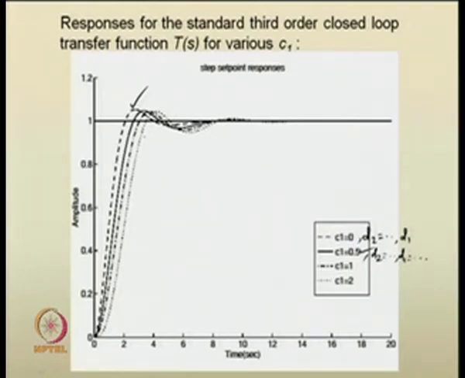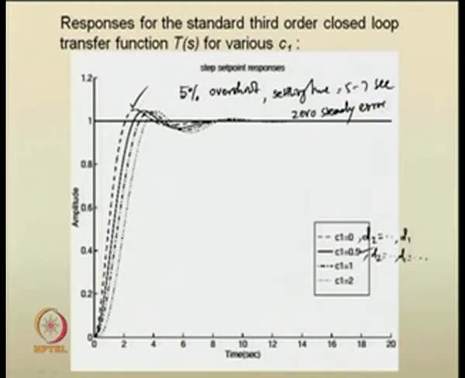If we look at the responses, we see that the responses have at most 5% of overshoot. Similarly, the responses have settling time from 5 to 7 seconds, and the responses have 0 steady state error. These are quite desirable while designing a closed loop control system or while designing a controller.